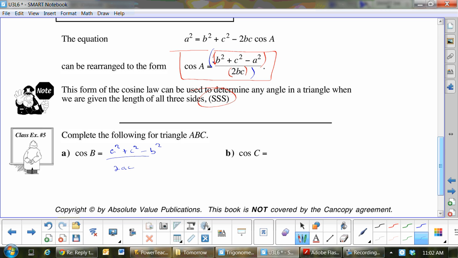Cos C would equal a squared plus b squared minus c squared, all over 2ab. Do you see how these two are always the same?